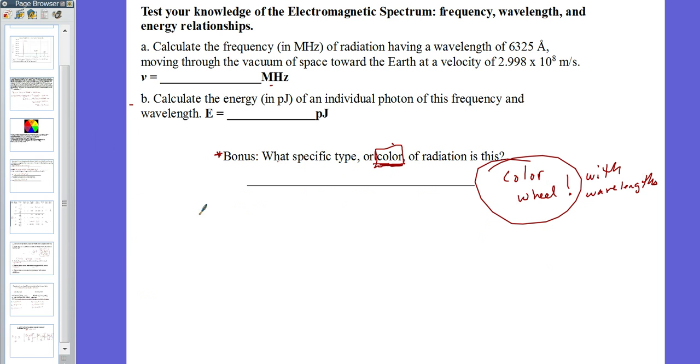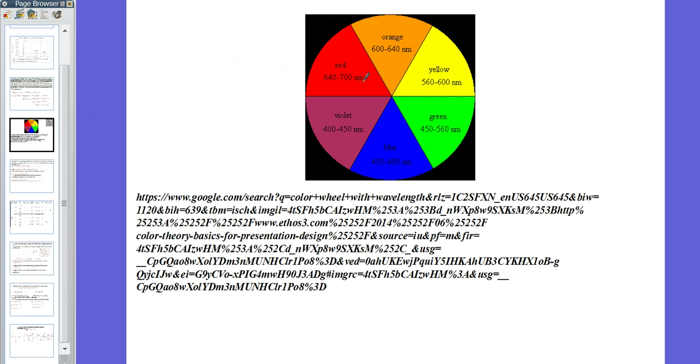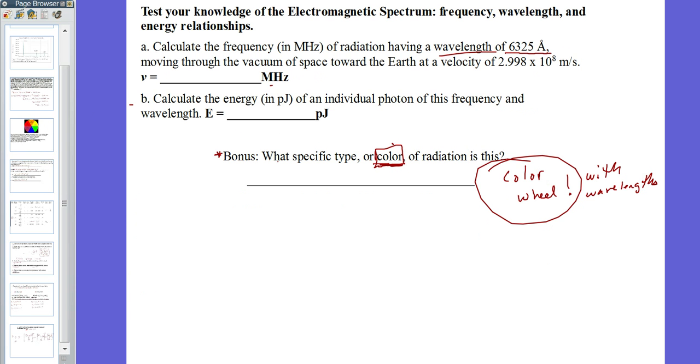Let's just see if this is actually a color by looking at this wavelength. Now this is in angstroms, but the one I got was in nanometers, right? So I need to do a quick conversion to see how many nanometers this angstrom measurement is.